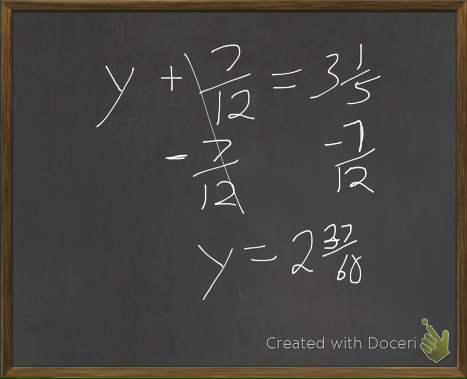Alright, so those are some examples of solving equations. It doesn't matter what operation it is, you always do the opposite operation, same number. It doesn't matter whether it's a fraction number, a decimal number, a negative number, okay? If you're solving an equation, you do the opposite operation, the same number, okay?